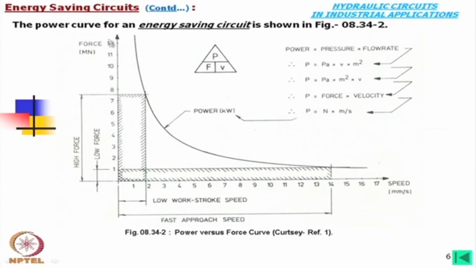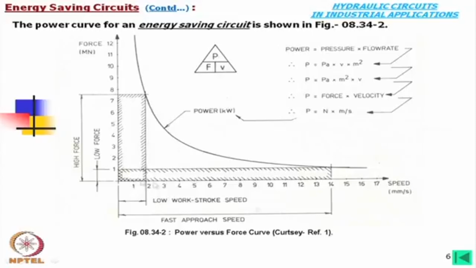However, if we think of very high force and flow, maybe the speed is less, in that case we need this much. We can select our operating zone, this is one.